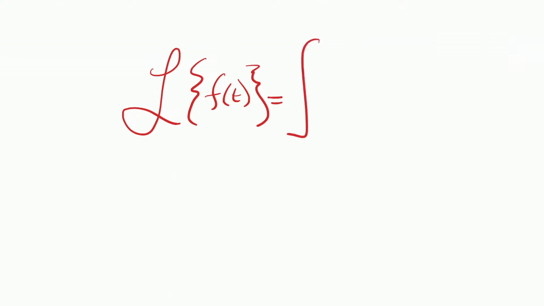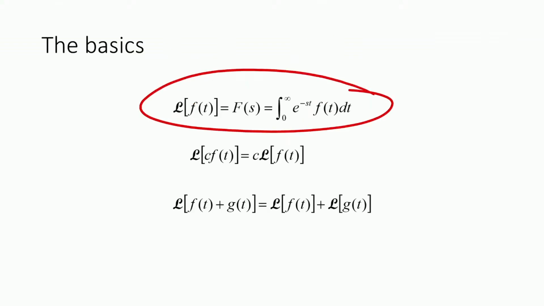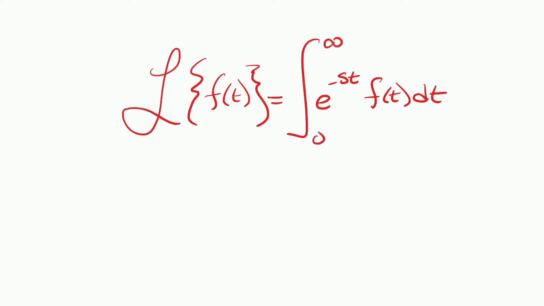So the Laplace transform of a function is equal to the integral from 0 to infinity of e to the negative s times t times f of t dt. Did I get that all perfect? I think so. Let me double check though and make sure it's just right. Yeah, that looks good.